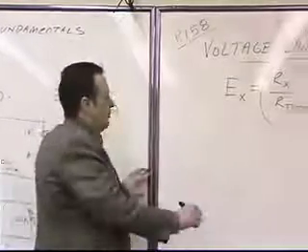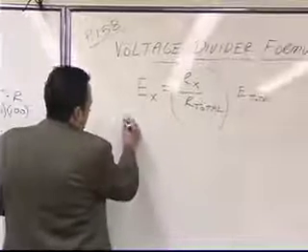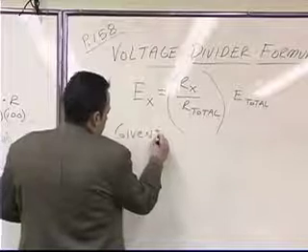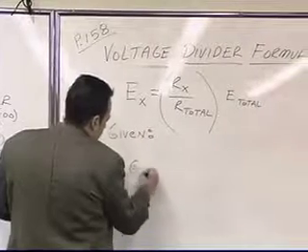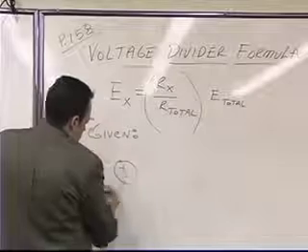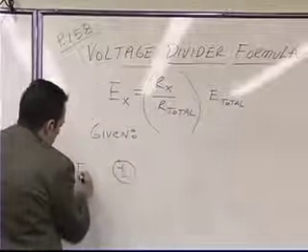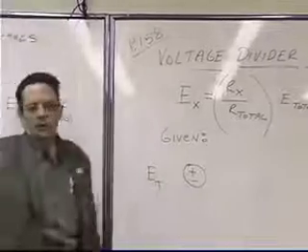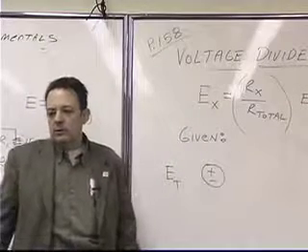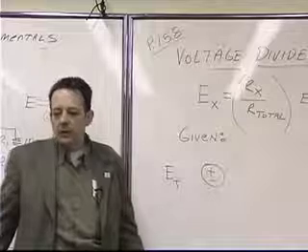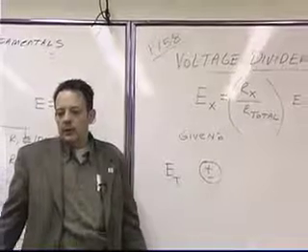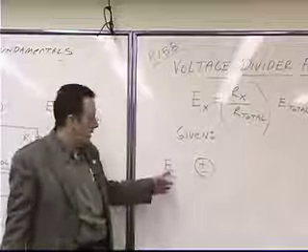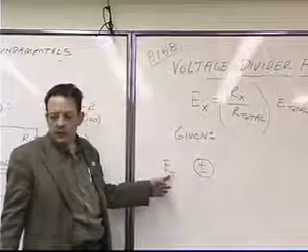Let me show you an example. Let's say that we're given the following circuit. We're given a voltage source, so this would be ET. Our book likes to call voltage by the letter E, and it likes to call the voltage source by the letter E sub T. This is called a subscript.